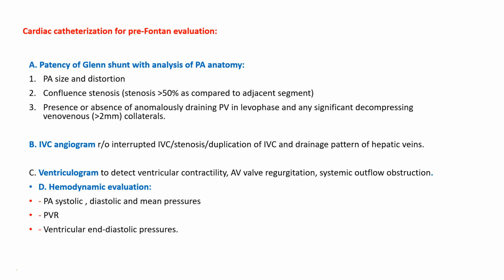Then through the arterial access we do a ventriculogram to see contractility and AV regurgitation. More specifically, we want to see the end diastolic pressures. Then we take the oxygen samples to calculate the PVR, and finally a ventricular angiogram.